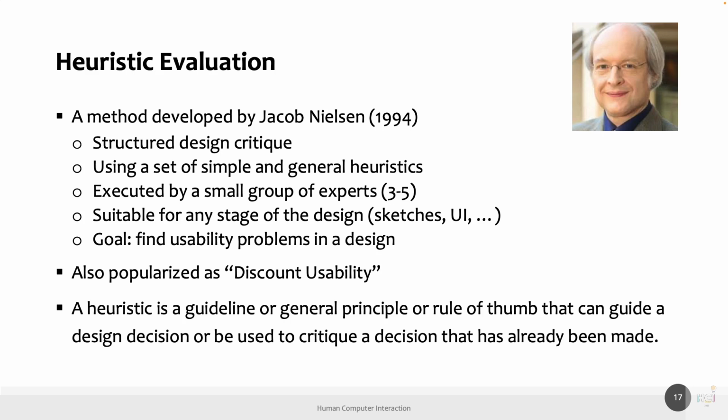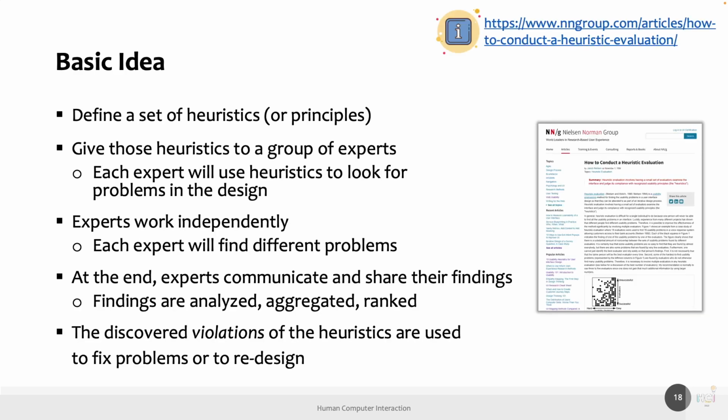It's also common to call this technique discount usability, mainly because it's a cheap method. You only need 3 to 5 experts to conduct this evaluation. And this is the basic idea. Obviously, you can find more details online, also in the Nielsen-Norman group.